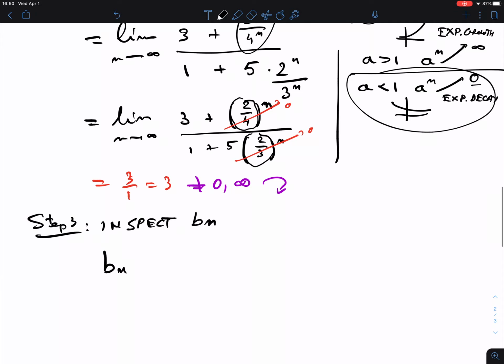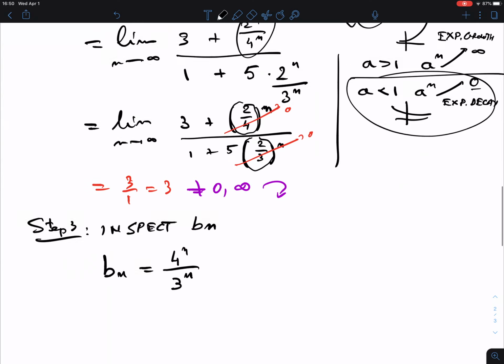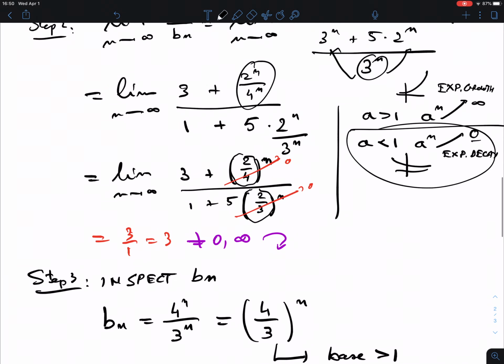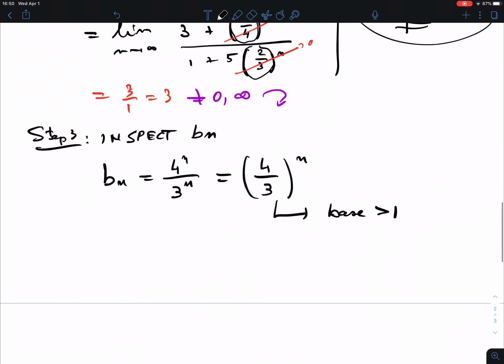So what is Bn? That was 4 to the n over 3 to the n, right? Yep. So again, I'm combining this as a single exponential, and I look at the base. The base here is bigger than 1, and bigger than 1 means exponential growth. Oh yeah, no, sorry, this is not what we, I apologize. I got a little bit sidetracked here.